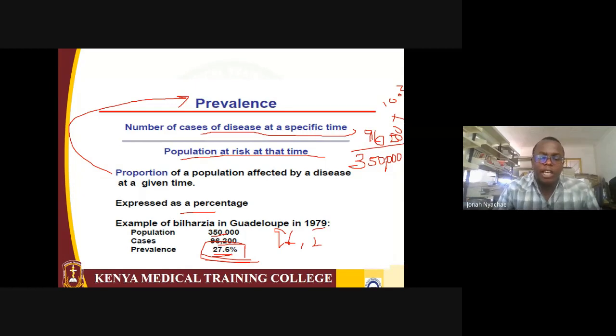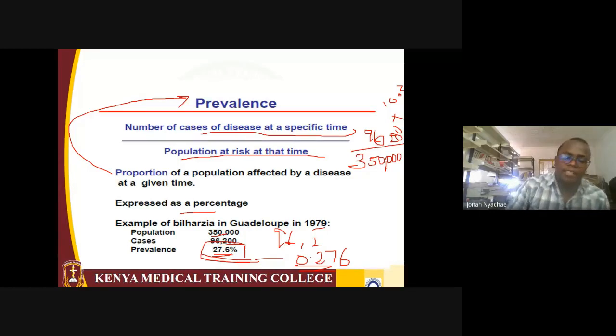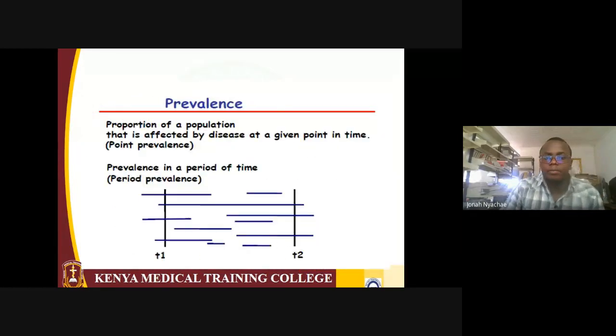Or you can put it as a ratio, which will be 0.276. That is another way of expressing prevalence. So the prevalence is the proportion of a population that is affected by a disease at a given point in time. So the prevalence in a period of time.